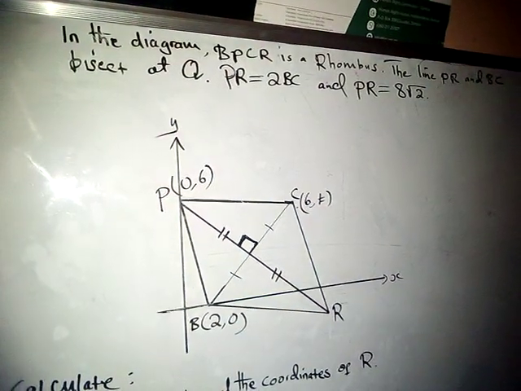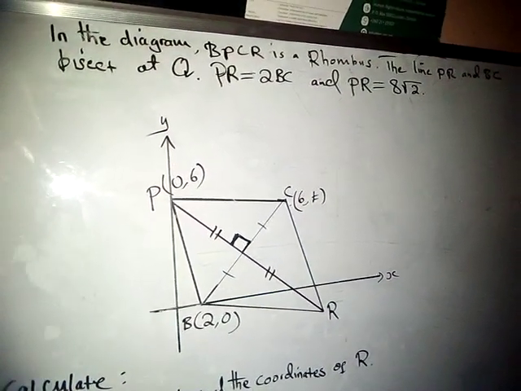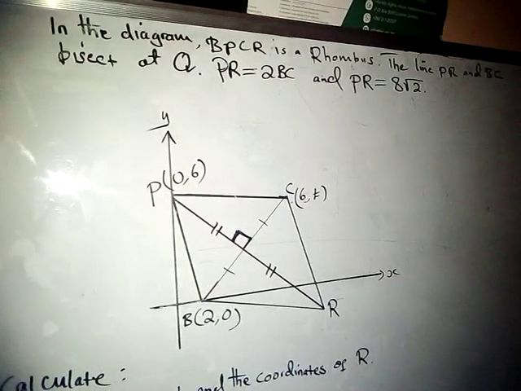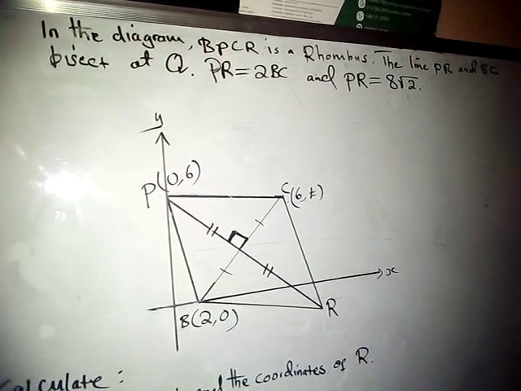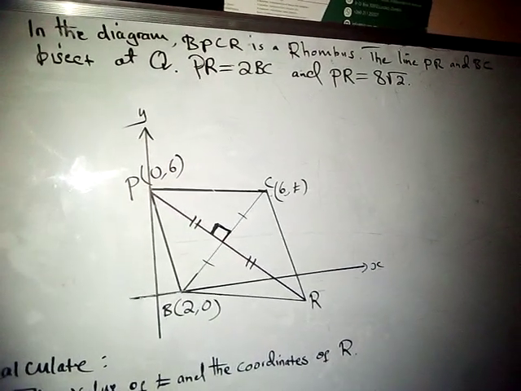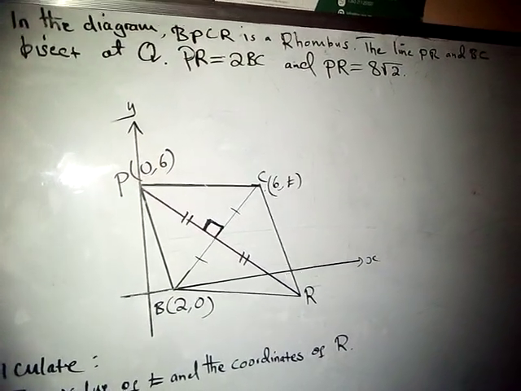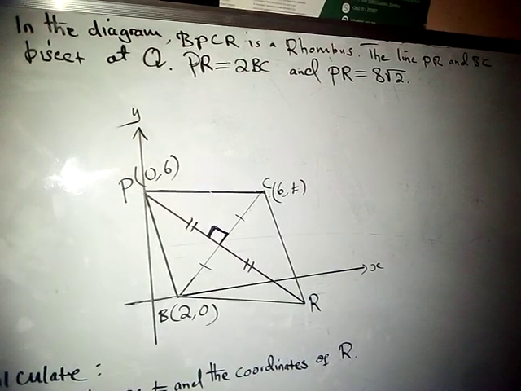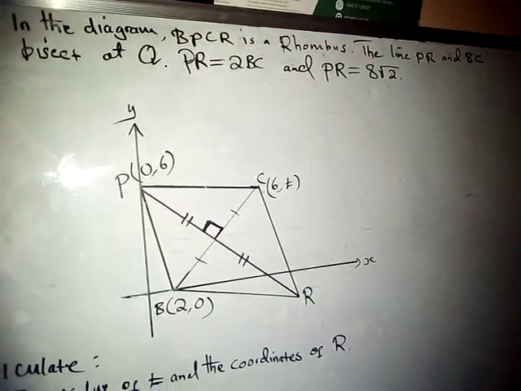So we want us to look at this particular question under coordinate geometry in additional mathematics. The question reads as follows. In the diagram, BPCR is a rhombus.